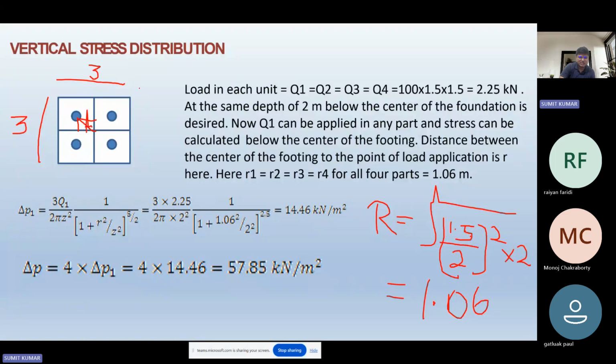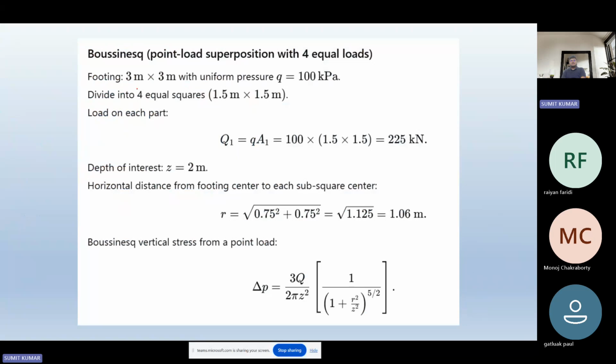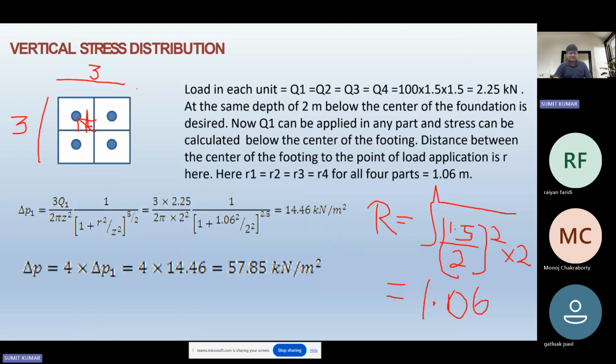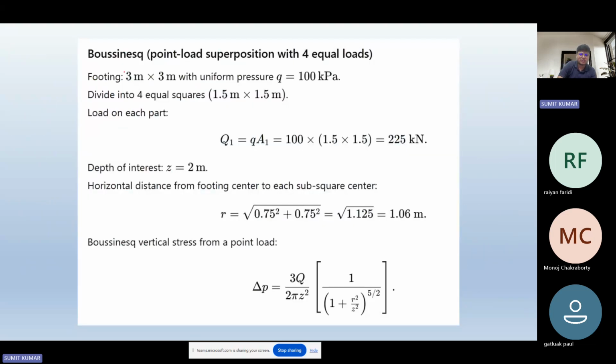Let me explain this in a little more elaborate form. So over here again you can see the Boussinesq point load superposition with the 4 equal loads we are going to take. The footing is 3 meter into 3 meter with uniform pressure of 100 kPa, divided into 4 equal squares, as I already mentioned, each 1.5 into 1.5.